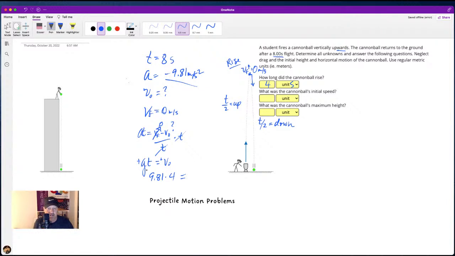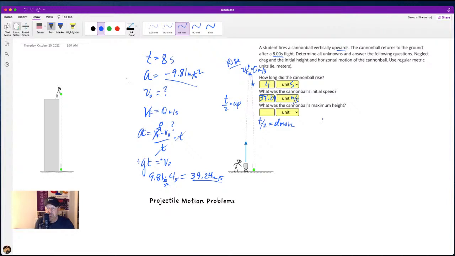The units are meters per second squared times seconds, so one of the seconds cancels, giving 39.24 meters per second. So our V initial is 39.24 meters per second.